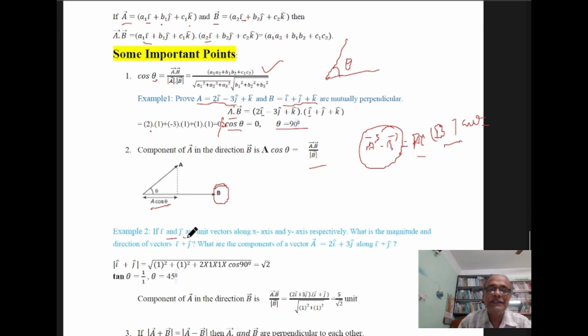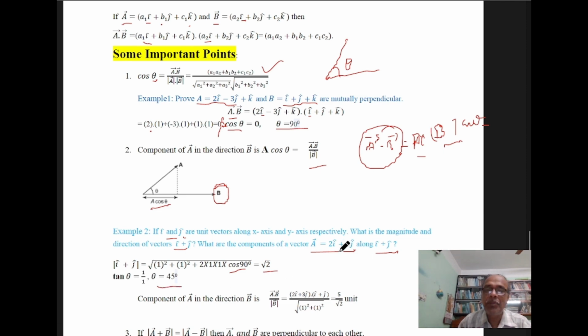Suppose i, j are the unit vectors along the x and y axis. What is the magnitude of i plus j, and the component of this vector along i plus j? So what is the magnitude? You know that formula, square root of a square plus b square plus 2ab cos theta, as the angle between i and j is 90 degrees, so it will be root 2. This one is 0. And tan theta equals 1 by 1, that equals tan 1, that is theta equals 45 degrees.